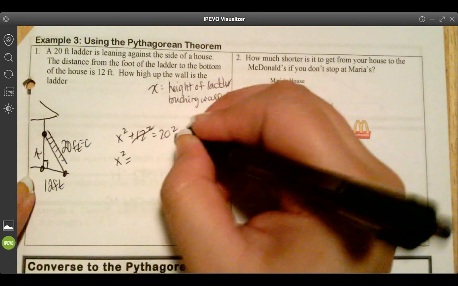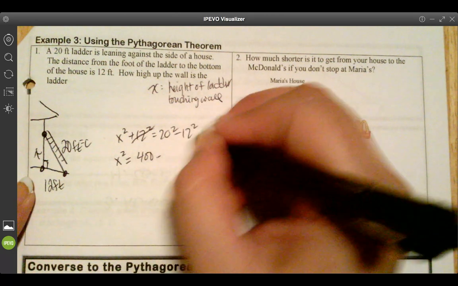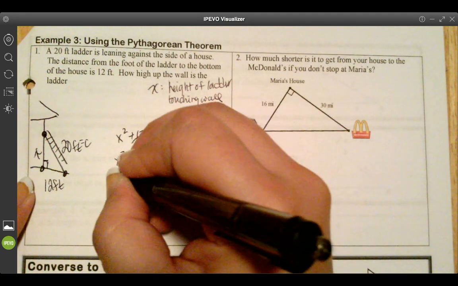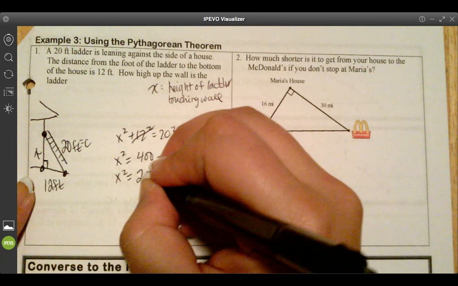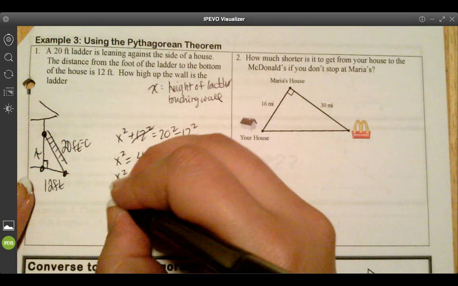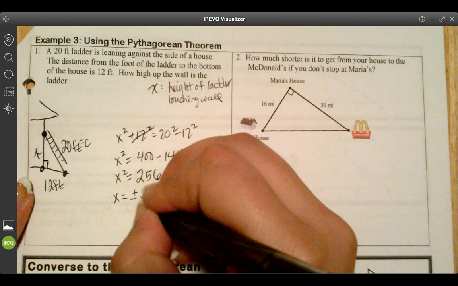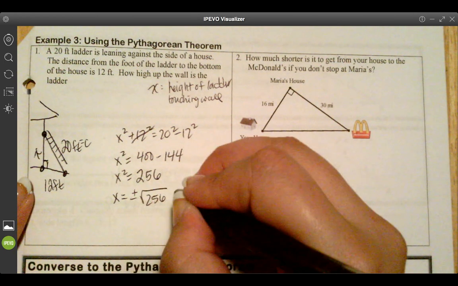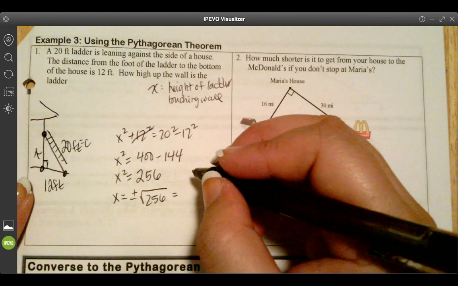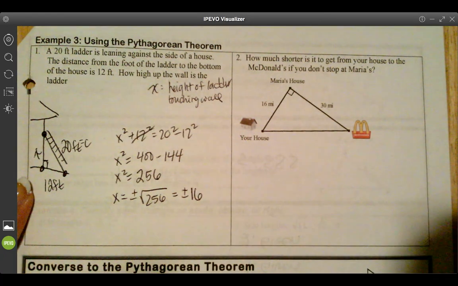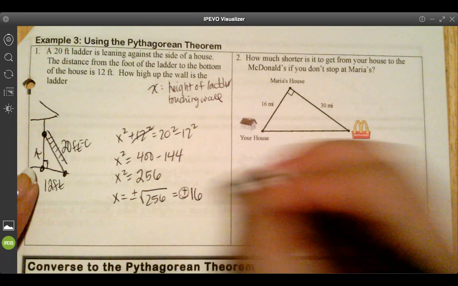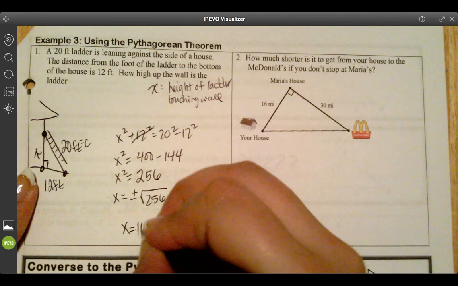X squared equals 400 minus 144. 400 minus 144 is 256. X equals plus or minus the square root of 256, which I recognize, I believe, is the square root of 16, plus or minus 16. It's a distance, so it has to be positive. X equals 16.